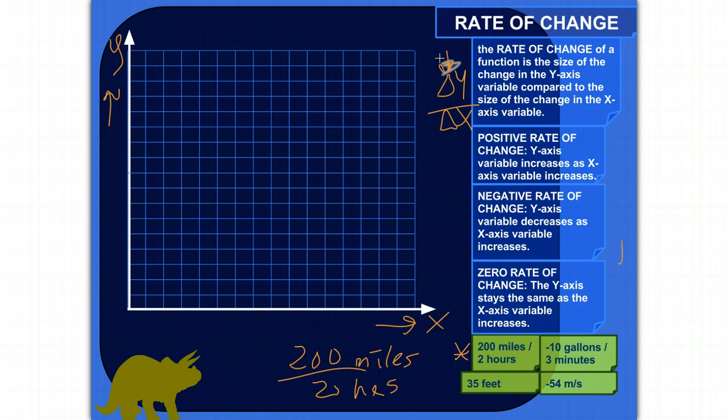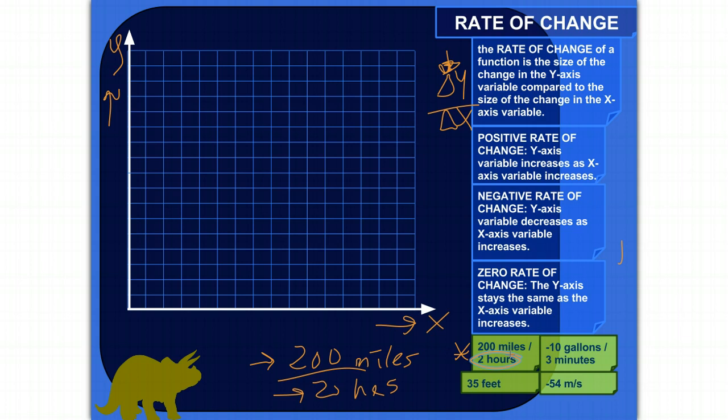So change in y over change in x. That means the top number of a rate of change will be graphed on the y-axis, and the bottom number, or the second number if you write them like I wrote them here, will be the x.